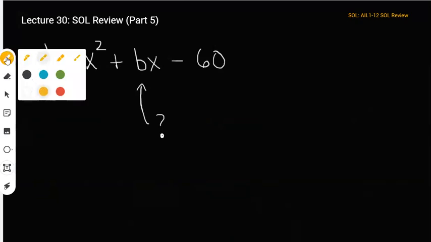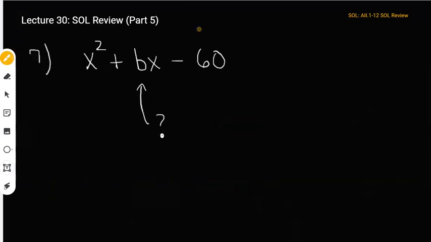So whenever we factor, what we're trying to do is multiply to the last number. I'll put a box around it, -60. And we're trying to add up to the middle number. So I'll put b above that.